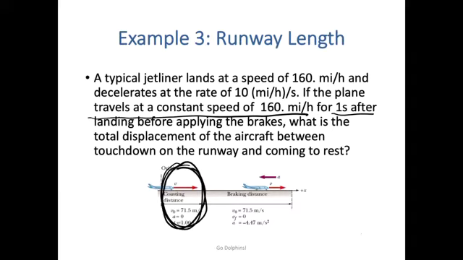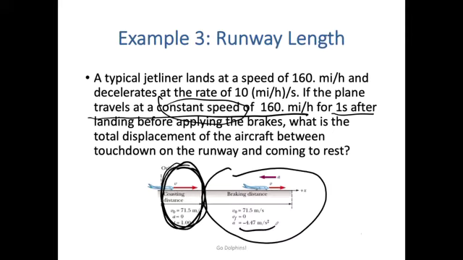During this 1 second, the acceleration actually is 0 because of constant speed. And then brake. There is acceleration here, which is negative 4.47, now we know. We know the initial velocity in SI units is 71.5 meter per second. Coming to rest, so final velocity here is 0.